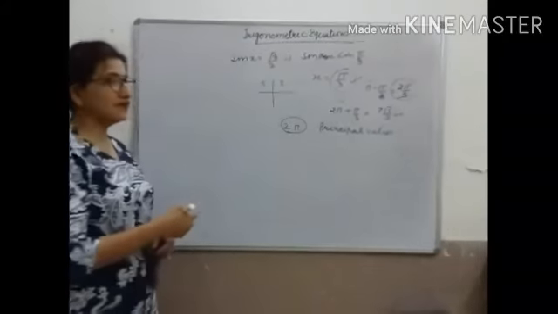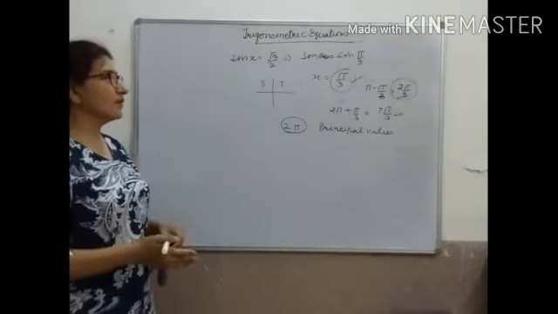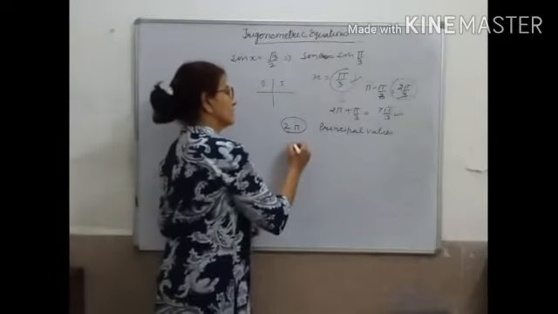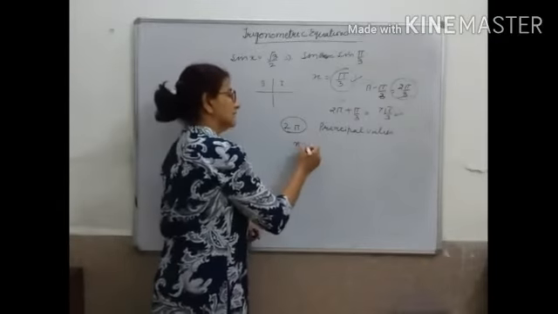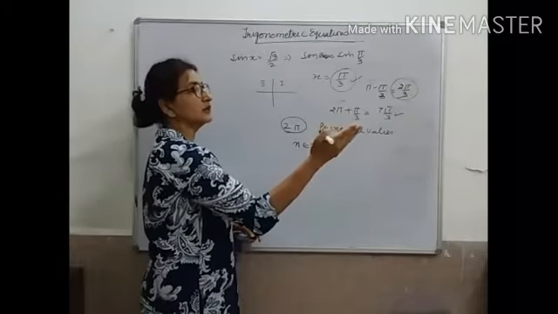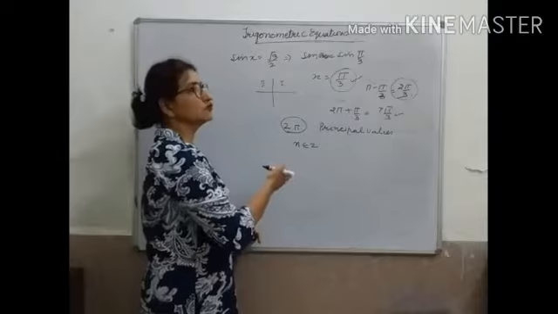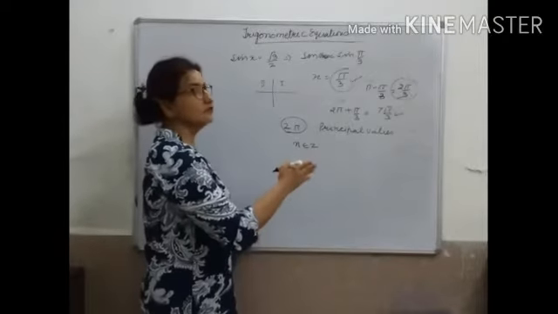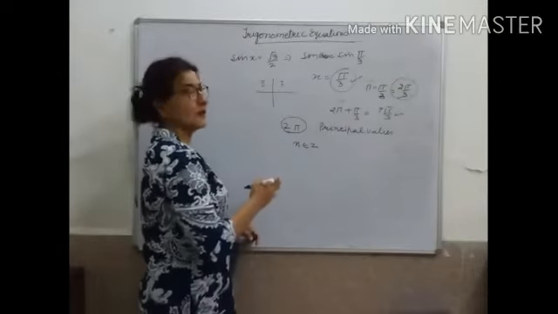And after that, whatever solutions come, we call them the general solution, and we take some n, and as n is an integer, as it keeps changing, my values will keep changing. That is what we have to learn today: to find the principal solution and general solution of any trigonometric equation, right?